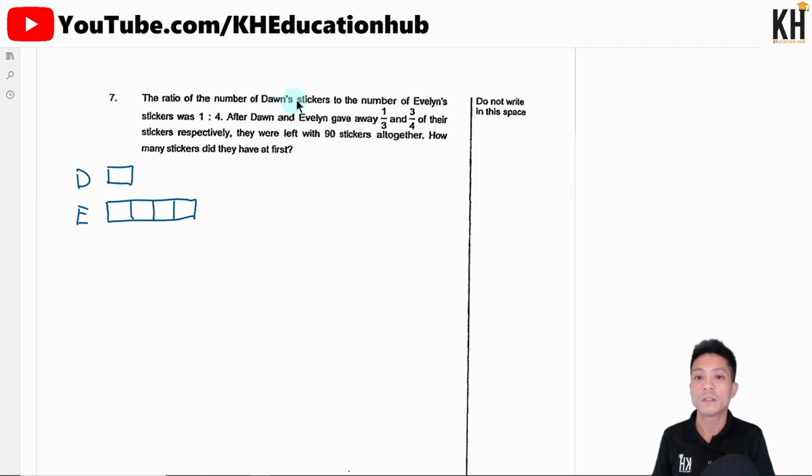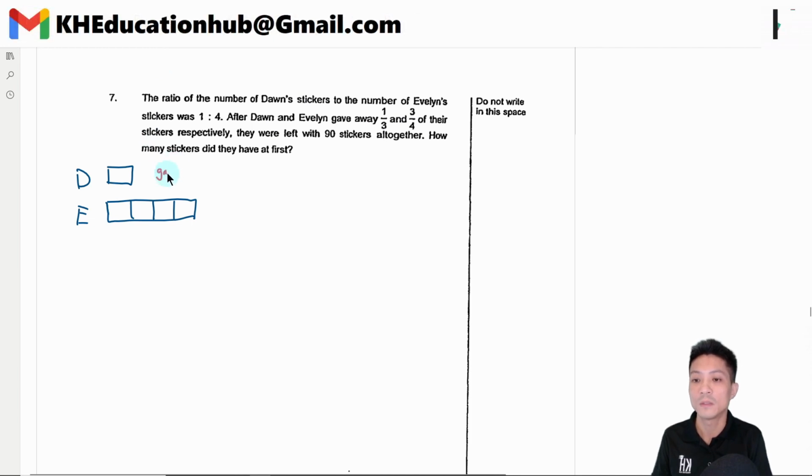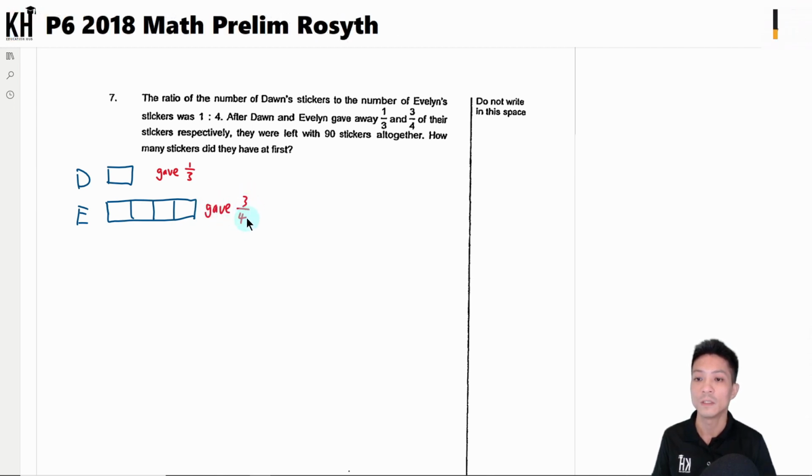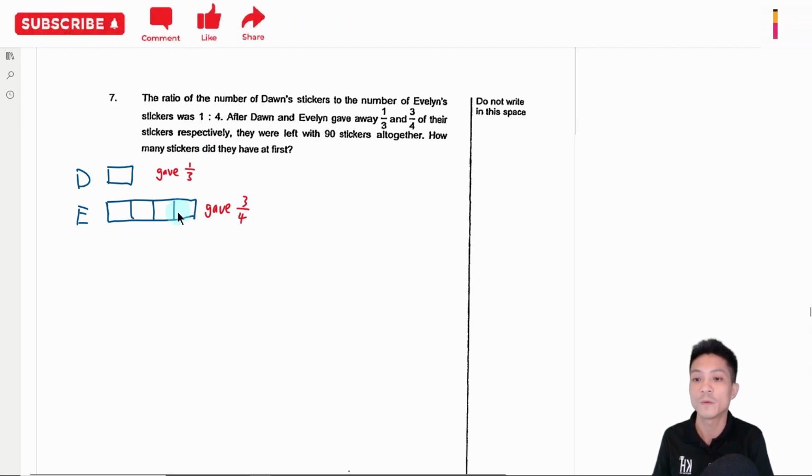Okay, so after Dawn and Evelyn gave away 1/3 and 3/4. For Evelyn, it is quite easy to give away 3/4 because you just need to give away 3, right? 1, 2, 3.